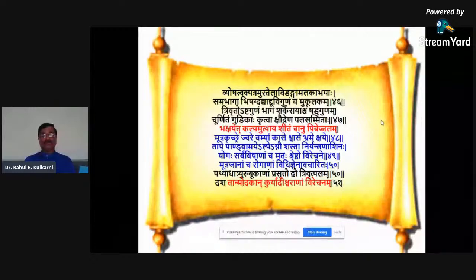Churnam gudikam krutva shaudrena pala samitaha. So this churna or gutika has to be made with the kshaudra, that is madhu, pala samitam. In one pala it has to be consumed with one pala kshaudra.